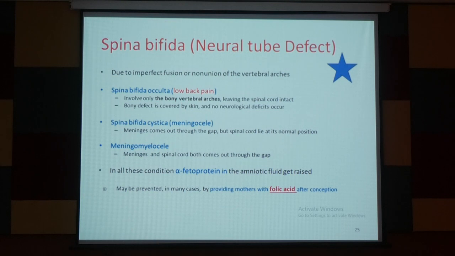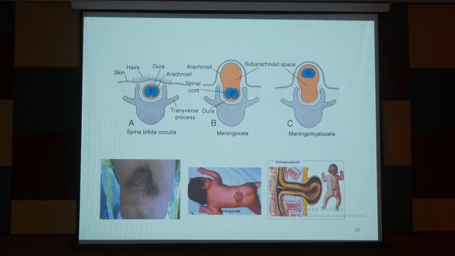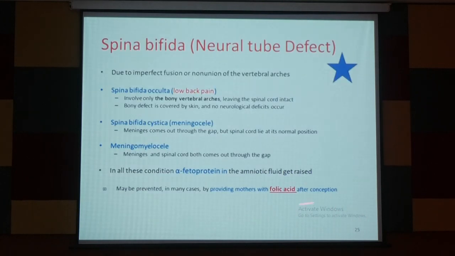But still, it's a tricky thing which cannot be predicted here. But spina bifida can be prevented by administering folic acid and holding off on some drugs. There are some seizure drugs. Some people suffer from seizure disorders, and we have a drug to control the seizure, which we call valproic acid. Valproic acid is again linked with this NTD.